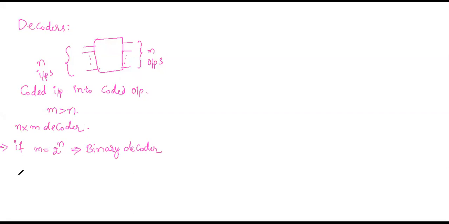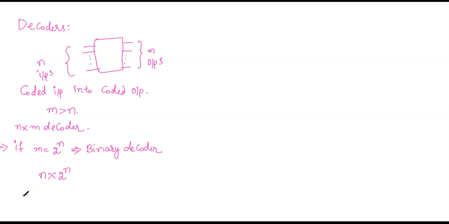For example, generally we write the decoder as N cross M, where M is 2 to the power of N for the binary decoder.